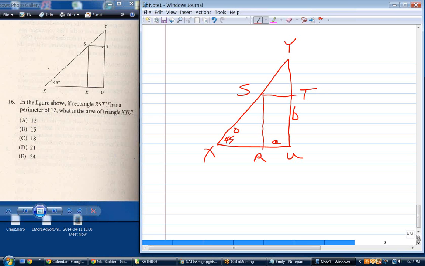Why does it have to be integers? Because the answers are in integers. But the answers are for the area of the triangle. But it's always cleaner if all of the answers are integers.